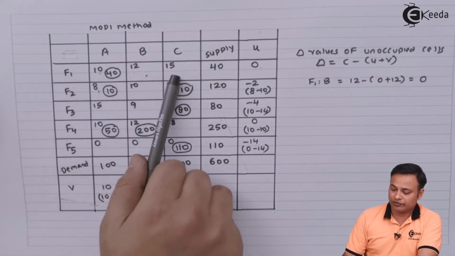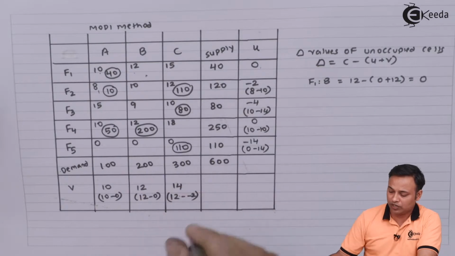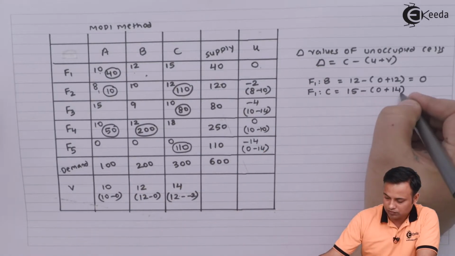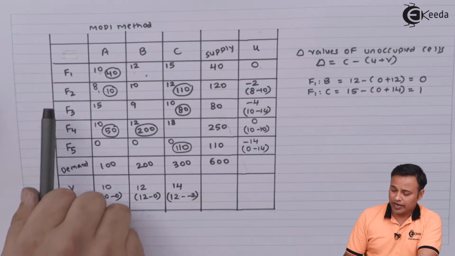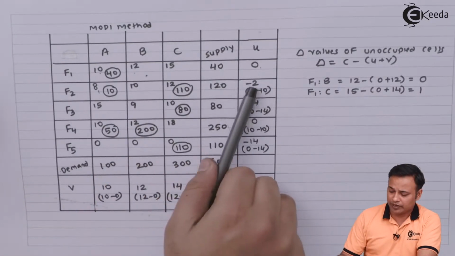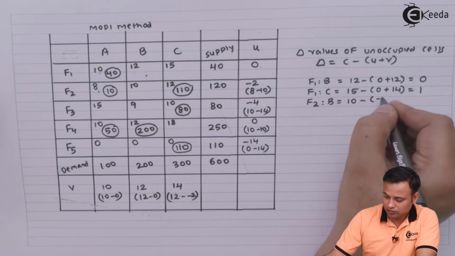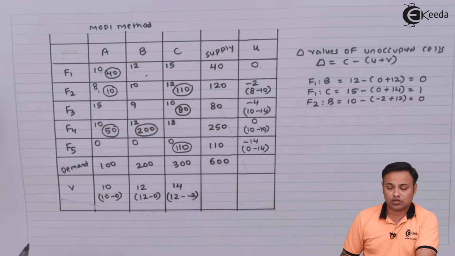At F1C, it will be 15 minus 0 plus 14, 1. At F2B, it will be 10 minus 2 plus 12, again 0.